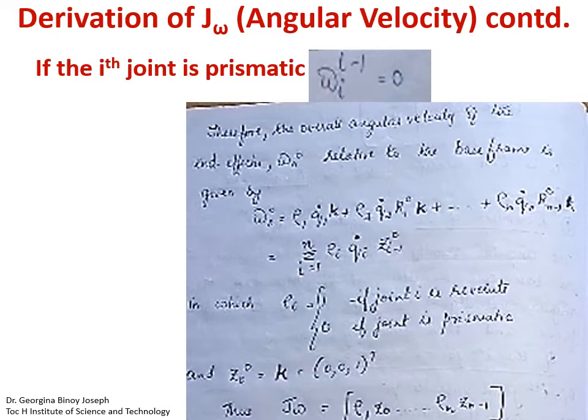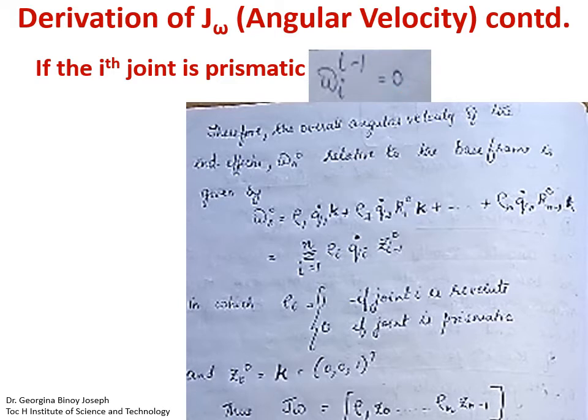Therefore, the overall angular velocity omega n0 with respect to the base frame can be written as the sum of the angular velocities of all the joints. Only if there is a revolute joint is there an angular velocity component; if it's a prismatic joint, the component is 0.